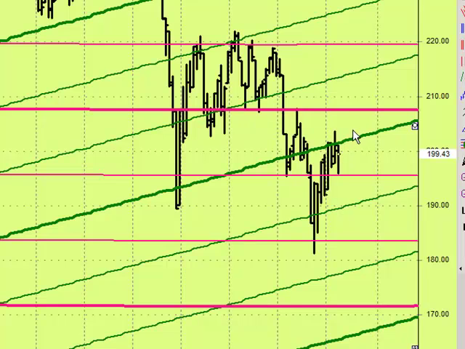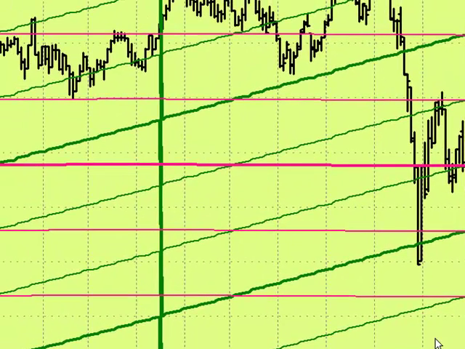So what we're seeing at this juncture then is resistance being formed again on a first harmonic Venus line, and that has been challenged. Unless we can significantly break above that, then we don't have a hope of challenging this Pluto line here. Now, with this chart, let's see if we can drag it a little bit farther to the right.